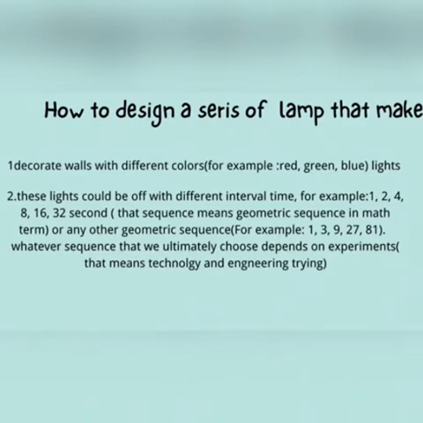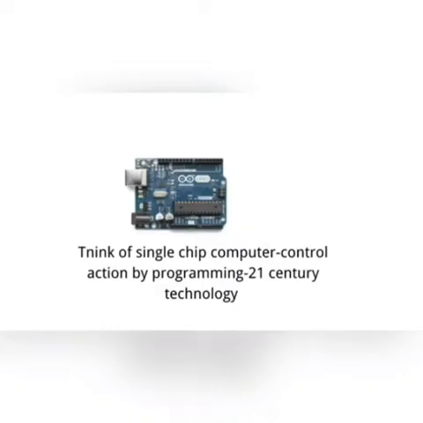Whatever sequence we ultimately choose depends on experiment. That means technology and engineering are involved, along with the use of imagination. And what could control the light timing and interval? Think of a single chip microcomputer, which could control any action by programming, a 21st century technology.